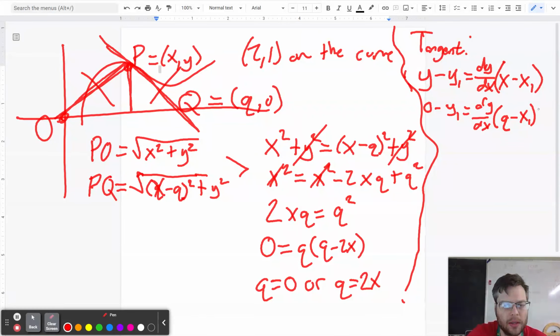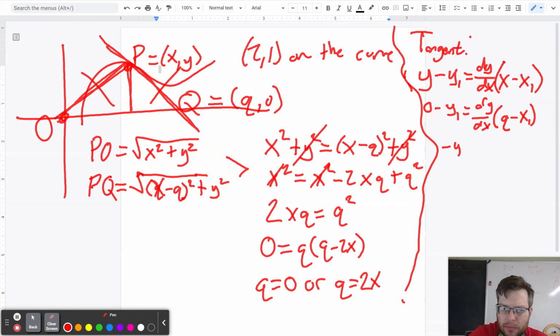Okay. Let's see, what can we do here? Well, we know there's two possibilities. Either q equals 0, in which case, obviously, if q equals 0, then it's the origin, so obviously that's the same distance away. So I think we can substitute in our 2x here.